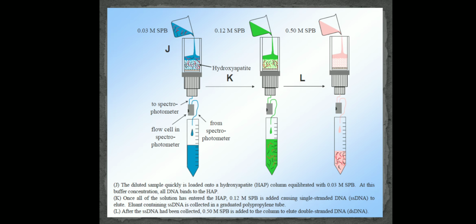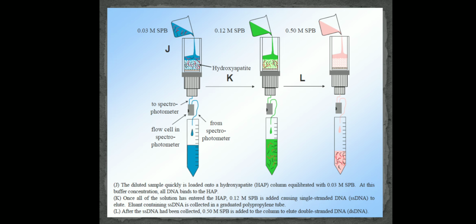We know in chromatography there is a solid phase and a liquid phase. The solid phase is hydroxyapatite. Hydroxyapatite is nothing but a calcium and phosphate ion containing substrate. So it has calcium and phosphates, and that is why we call it hydroxyapatite.